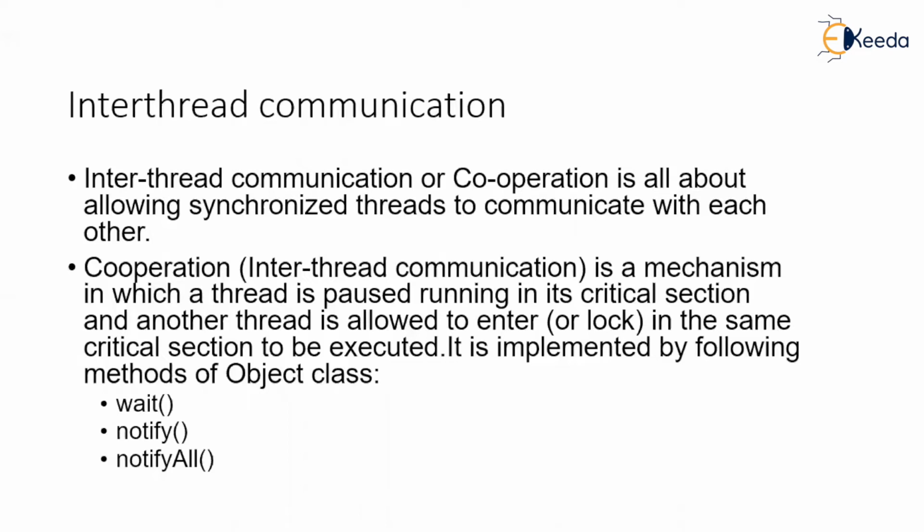And when another thread is reading the data, the previous thread must not try to write data into the file. This can be implemented through interthread communication, and interthread communication can be implemented through the wait, notify, and notifyAll methods. So let's now see how this functionality can be implemented.